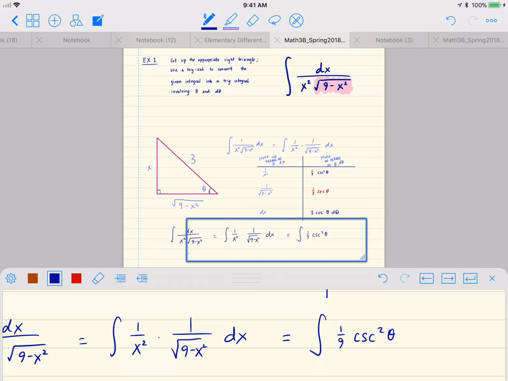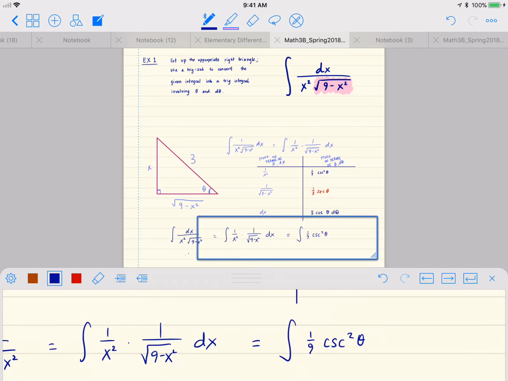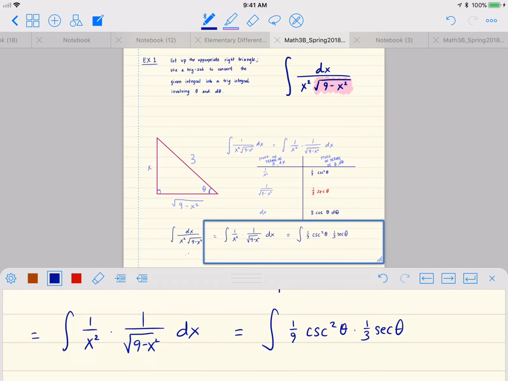And instead of 1 over the square root of 9 minus x squared, I'll have 1/3 secant theta, multiplied. And then instead of dx, I'll have 3 cosine theta d theta.